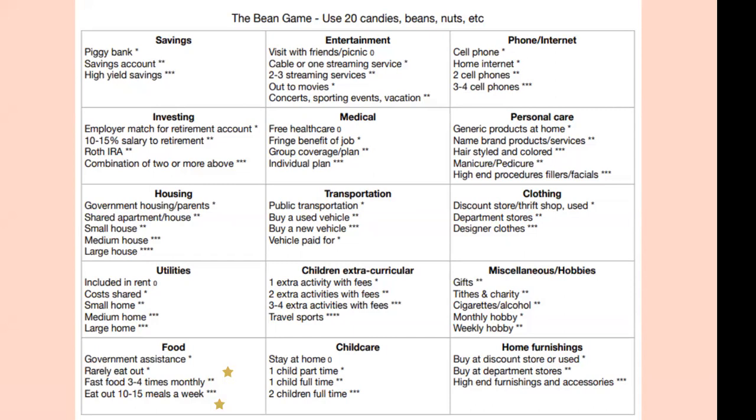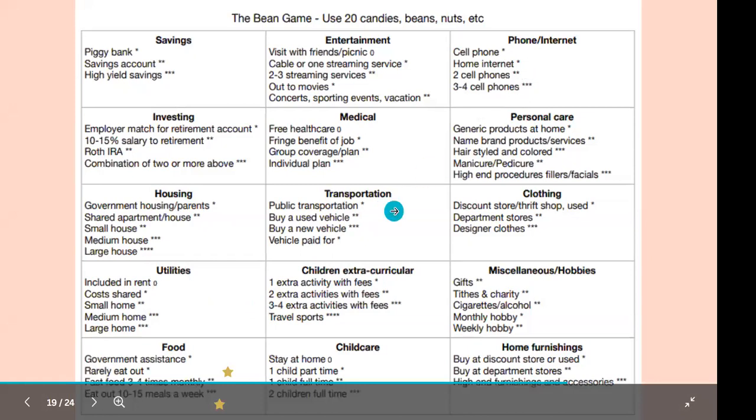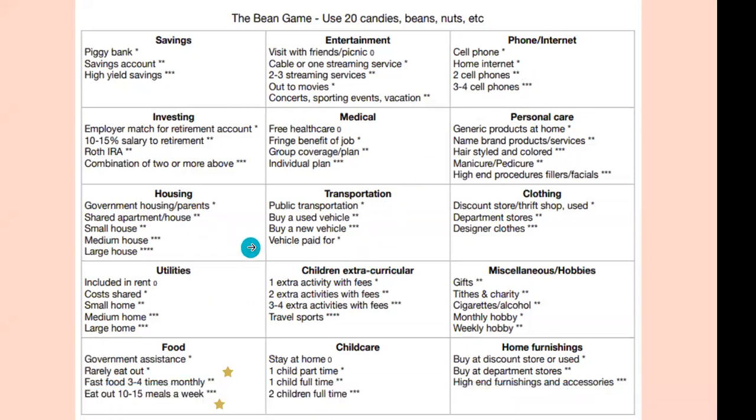And then this is where we would use the annotate feature. If we look right in the middle at transportation, public transportation would only be 1 bean. So I'm going to annotate and use, I put 2 there for you.